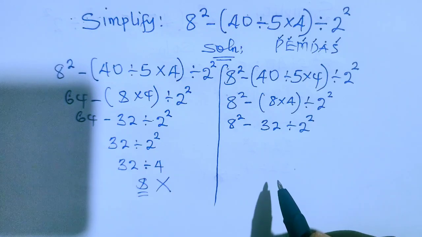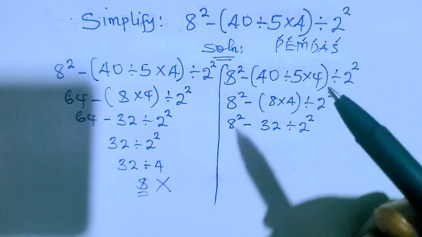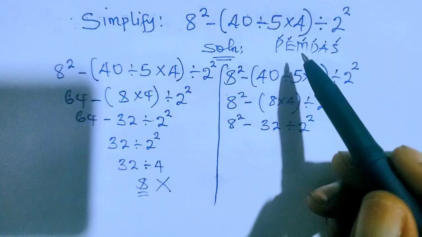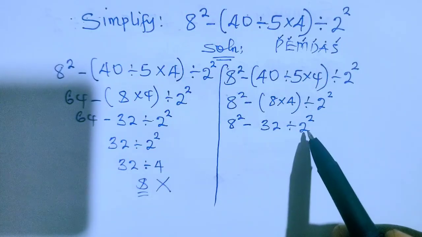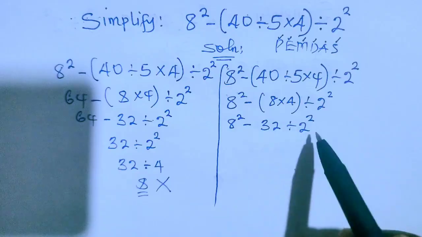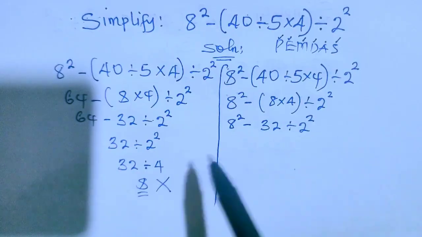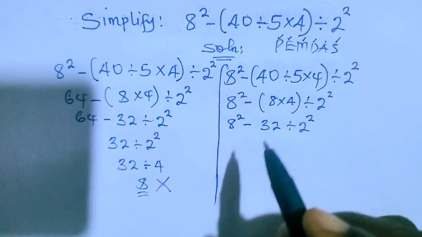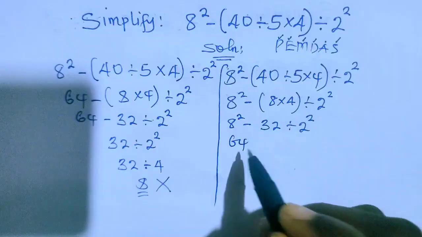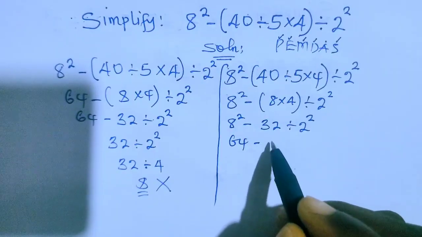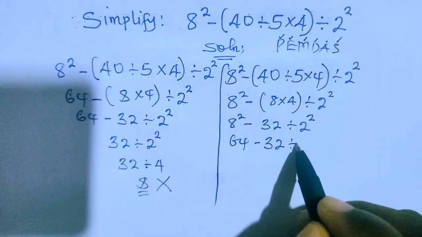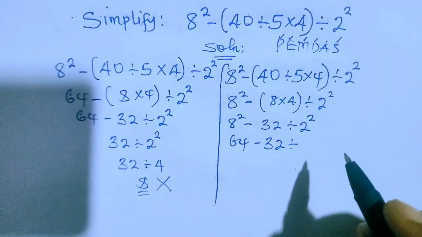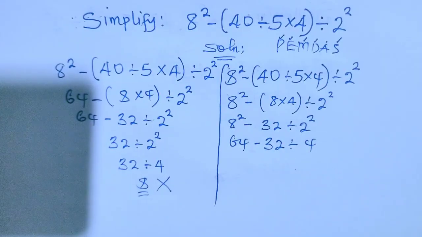And right here, the next operator to be considered is exponents, and we have exponents here. Now 8 to the power of 2, that will give us 64 minus 32, then divided by 2 to the power of 2, that gives us 4.